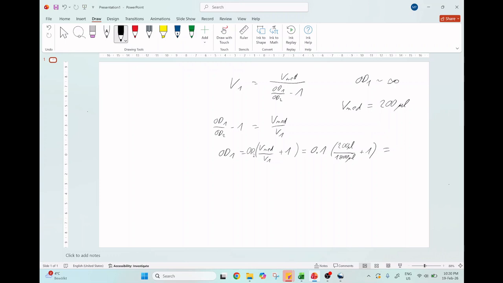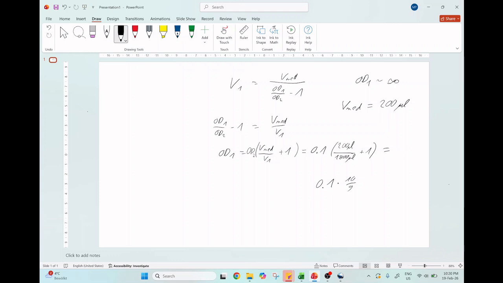Plus 1, and then we have 0.1, and then this here is 1/9, so it would be times 10/9. Okay, and I'm not going to use a calculator to calculate this now, but you see that the lowest that our OD1 is allowed to be is a certain value above the OD2, so 10/9 above the OD2 of 0.1.